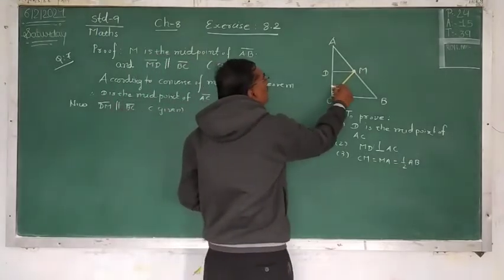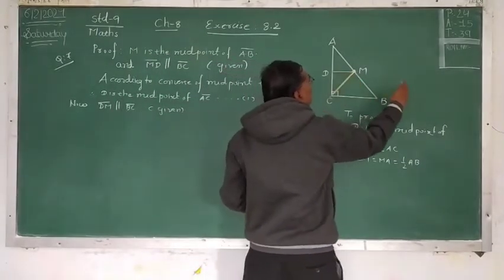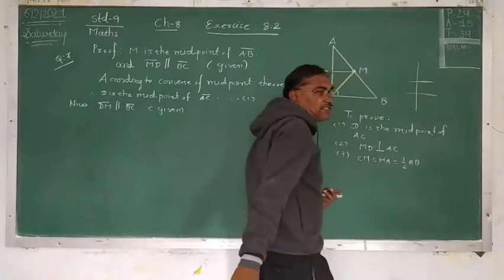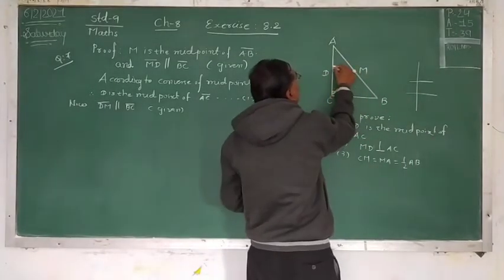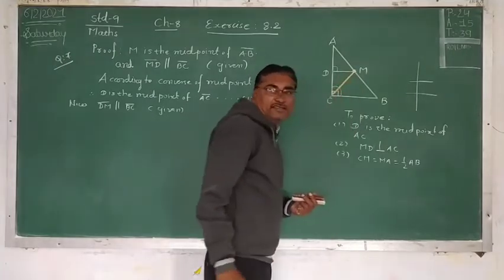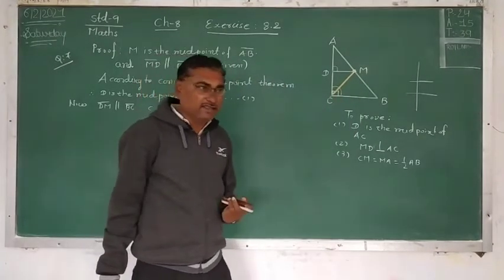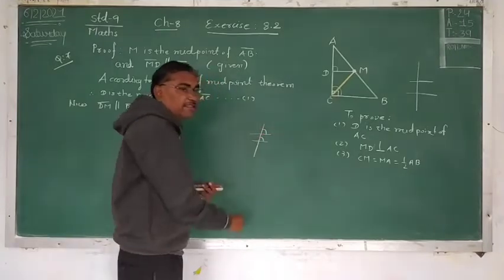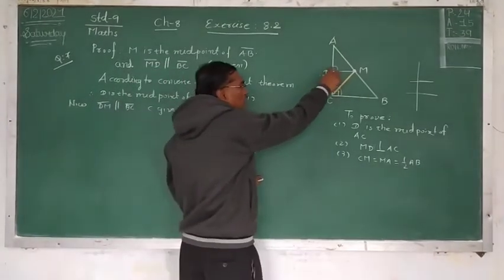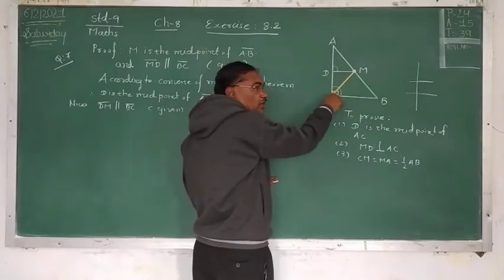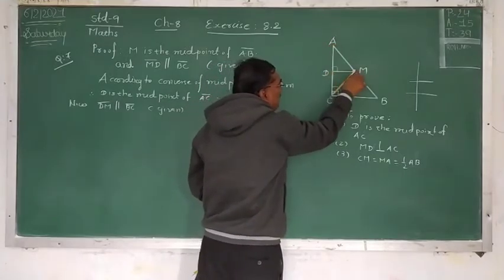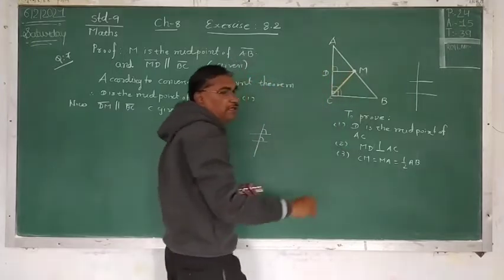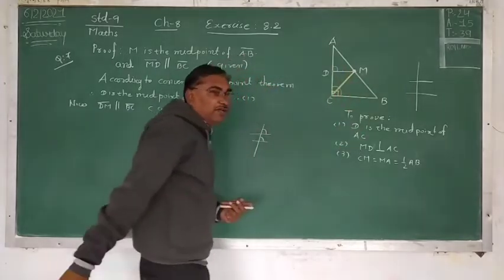This line is parallel, and this is a transversal. Okay, so this angle and this angle are corresponding angles. When a transversal intersects two parallel lines, this angle and this angle are corresponding angles. So ADM and DCB, or ACB, whatever you can write.